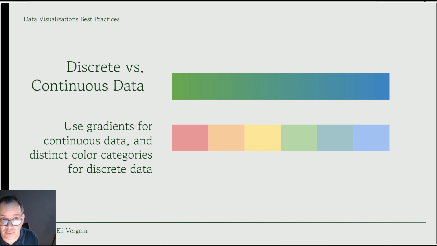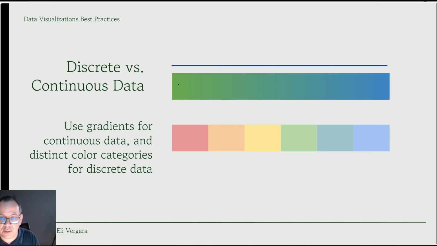If we're looking at temperatures, if I say today was 83 degrees, but tomorrow is going to be 86 degrees, we can go back and analyze at many different times of the day and find multiple points within that range of days or temperatures. So when we're representing continuous data, we typically represent it with gradients.